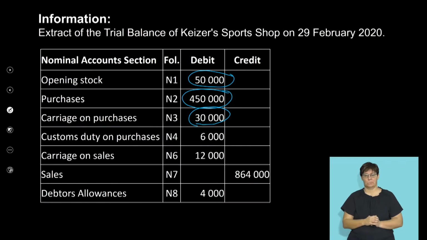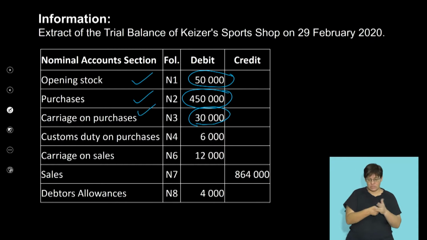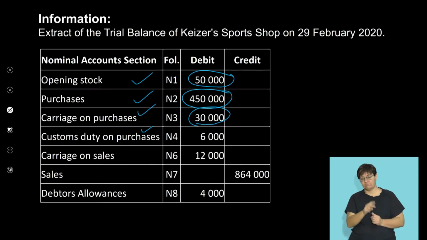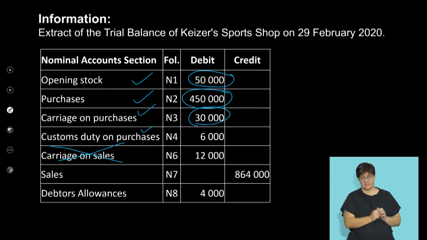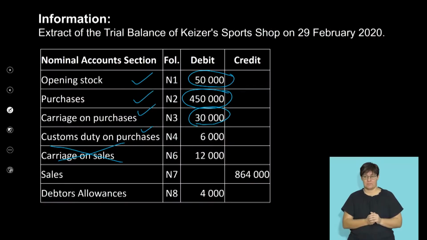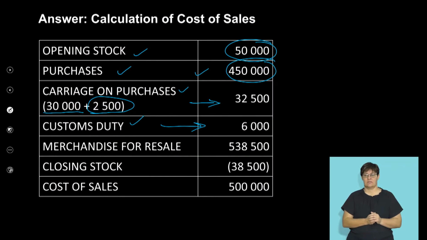So coming back to my cost of sales, I've got my opening stock accounted for, my purchases, my carriage on purchases. I looked at the adjustment. I now bring in my customs duties on purchases. There we go, customs duties of 6,000 Rand. Remember what we said? Do not even go near carriage on sales for the purposes of calculating my cost of sales. Then I add those figures.